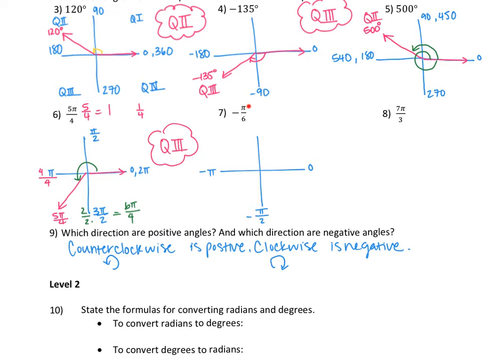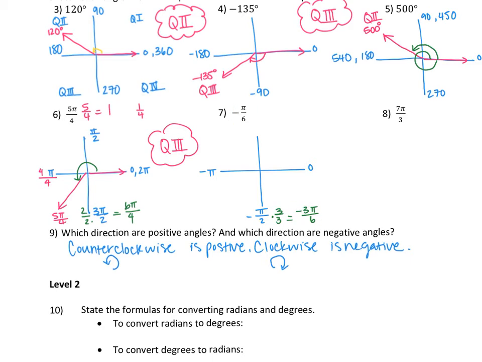Now, I don't have to go that far because this is just negative pi over 6, which has to be somewhere between here, because if you notice, this is a half a pi. If you change the denominator by multiplying the top and bottom by 3 to get a common denominator of 6, you will notice that this here is negative 3 pi over 6, which is more negative than this one.